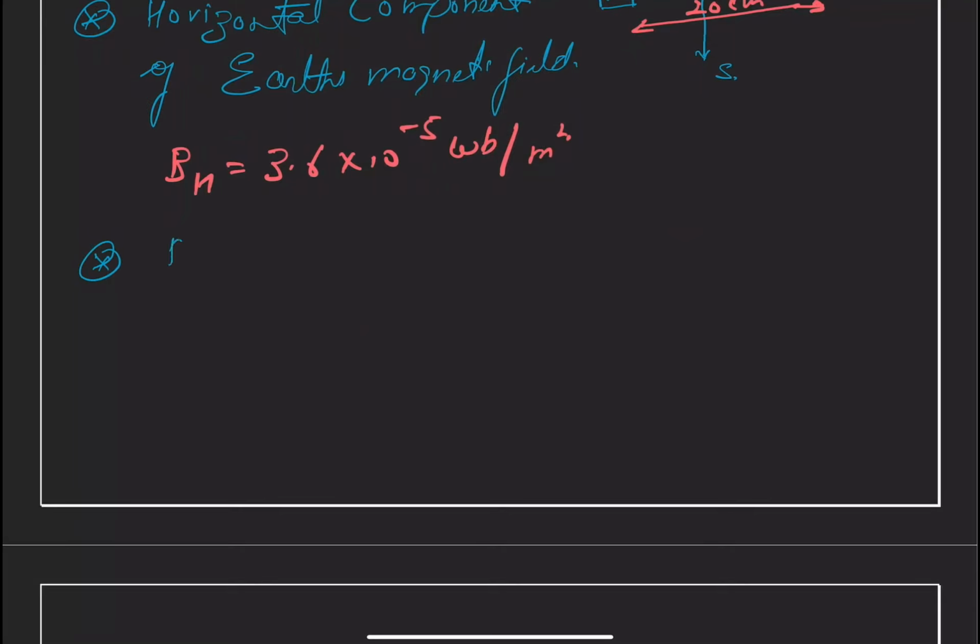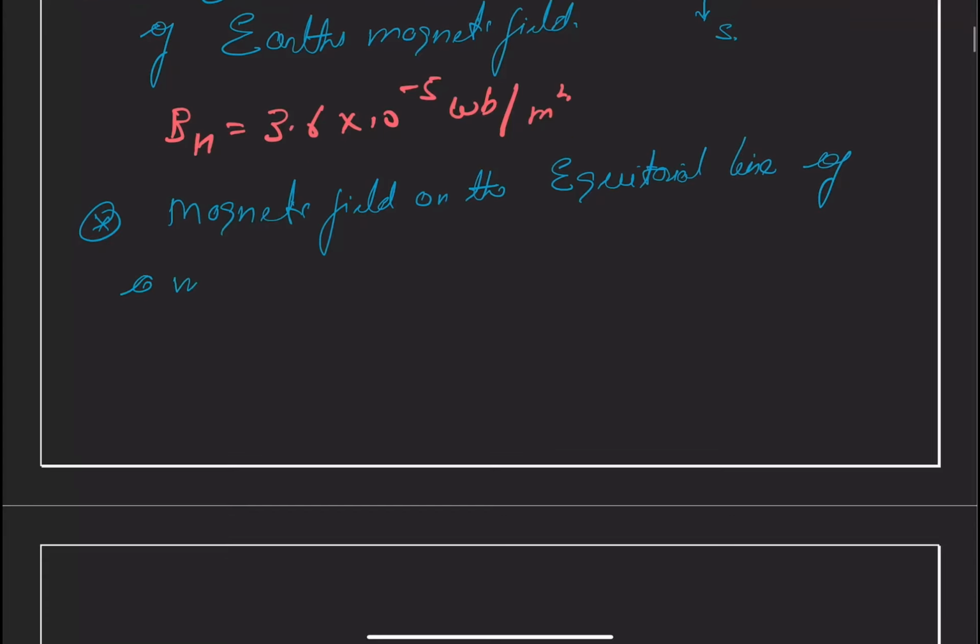The magnetic field on the equatorial line of a magnetic dipole, you can write this as B equatorial is equal to mu naught upon 4 pi, and this is m upon r cube, where r is the distance.